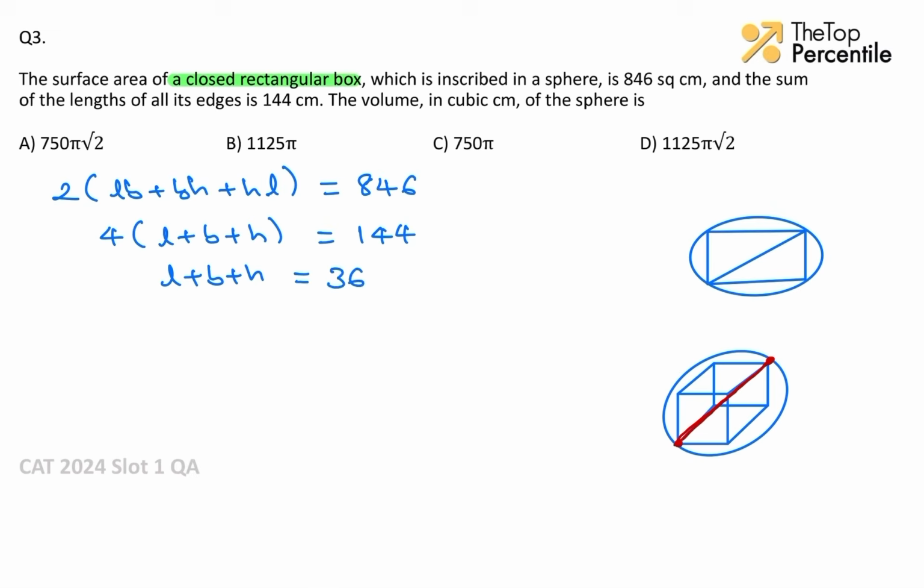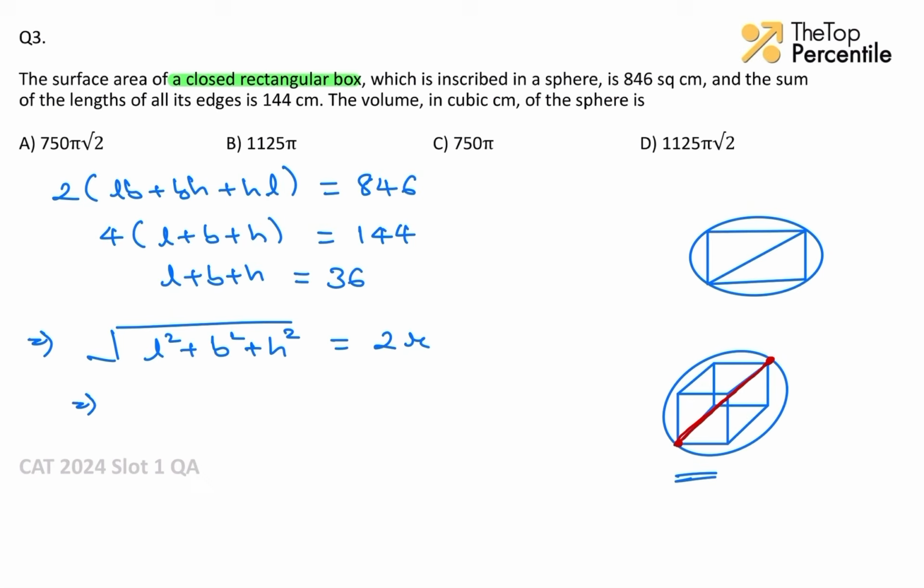Now from this figure, we can infer that the longer diagonal of the cuboid is equal to the diameter of this sphere. So I'll write it as the longer diagonal of the cuboid is the square root of L square plus B square plus H square. This is equal to the diameter, which I'll write as twice the radius.